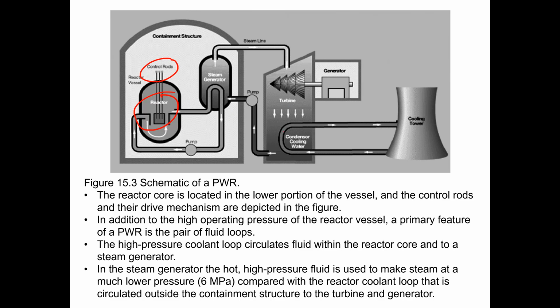So you have the high pressure coolant loop that circulates fluid within the reactor core and to a steam generator. In the steam generator, the hot, high-pressure fluid is used to make steam at a much lower pressure compared with the reactor coolant loop, and that steam is circulated outside the containment structure to the turbine and generator.